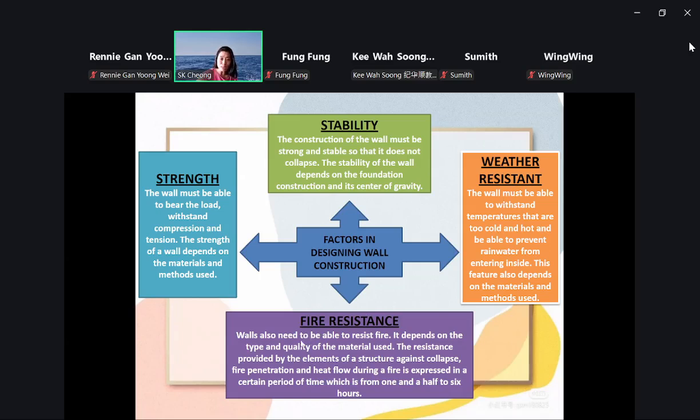Is the wall able to resist fire? The wall must be able to bear the load. Is it a simple wall like a perimeter wall outside the car porch? Or is the wall a major wall like a load-bearing wall? So the strength must be able to bear the load of this. Factors deciding, okay.